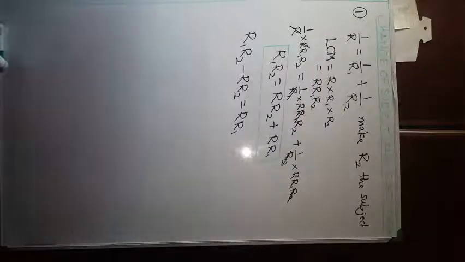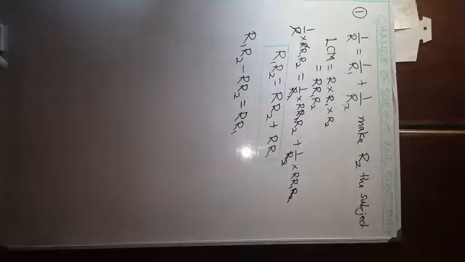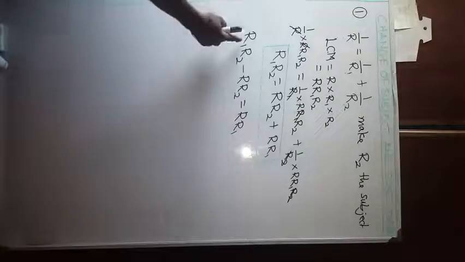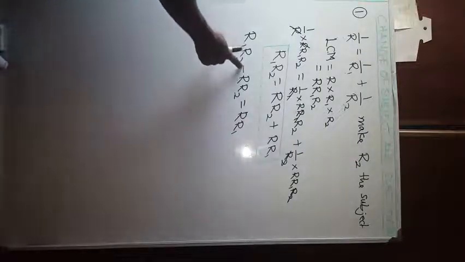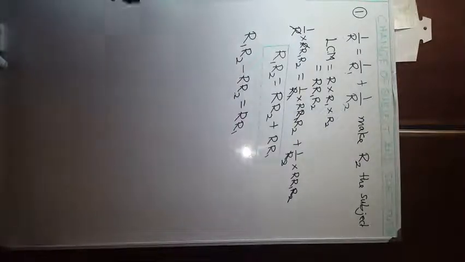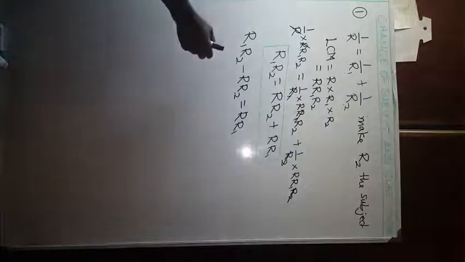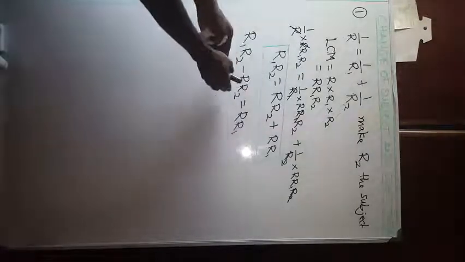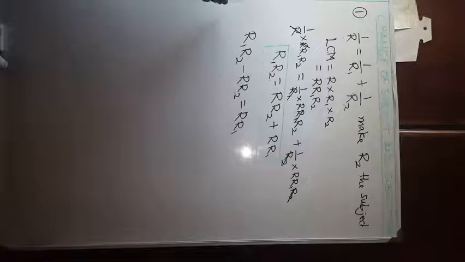So let's continue. From this step, now we move on to what we call factorization. We have r1 r2 minus r2. We want r2, so we need to factorize out r2 from both terms.